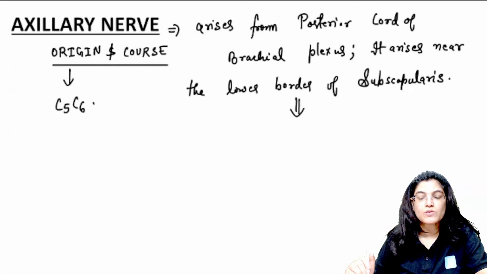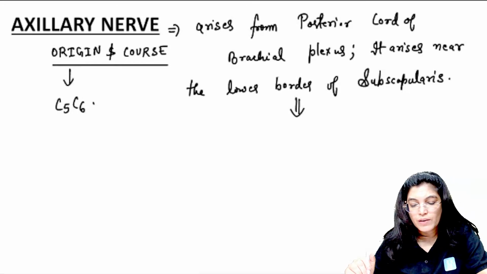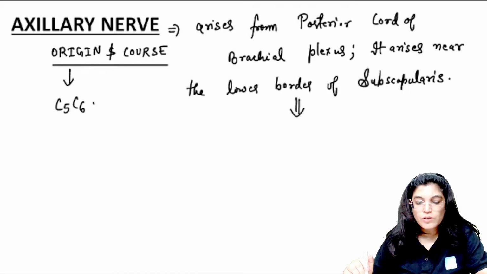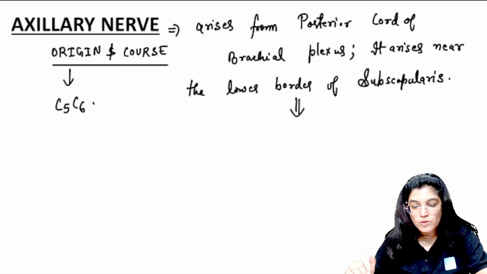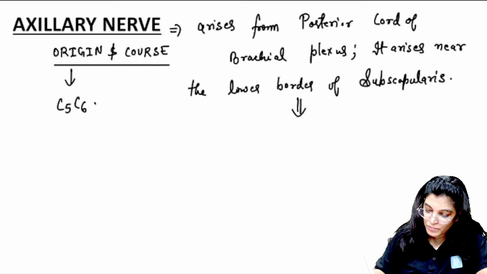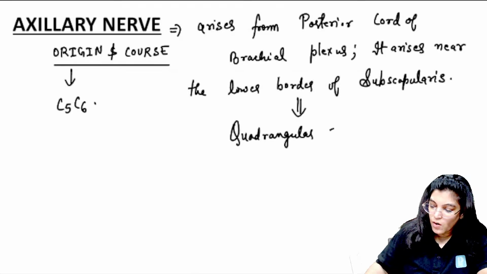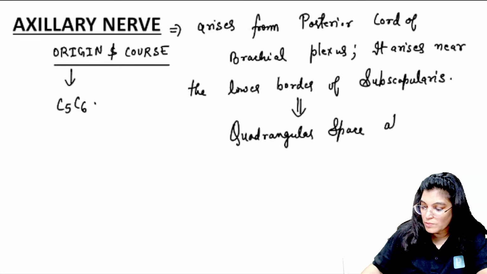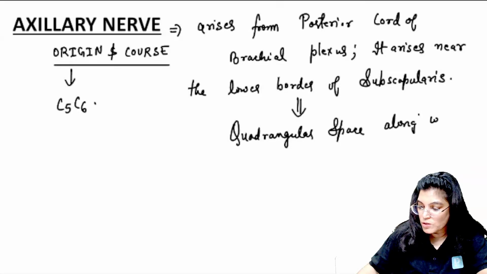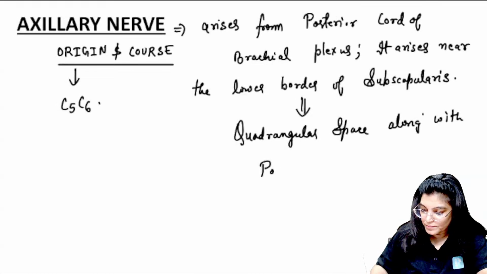Thereafter, it will traverse through which space? The quadrangular space. It passes through the quadrangular space along with which artery? Along with the posterior circumflex humeral artery.